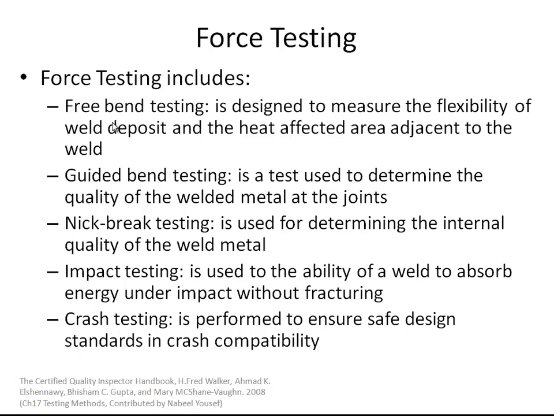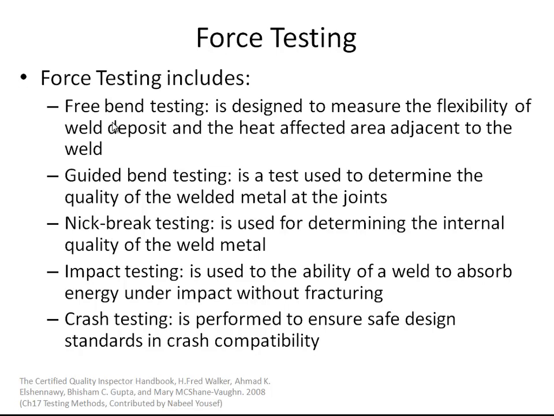The guided bend testing is a type of test used to determine the quality of the welded metal at the joints. We look at the joints and make sure the welding is correct. Does it break? We want to make sure that the welding was actually joining two pieces and that we have no problem with that.